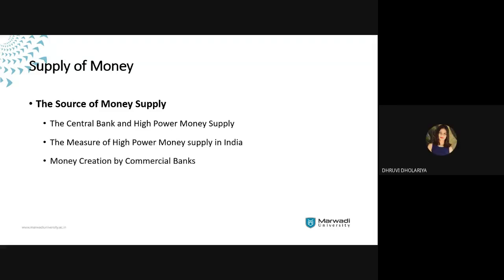I think you have explained this three. Okay. We are done with the explanation of this three. We were talking about the explanation of the measure of high power money supply in India.